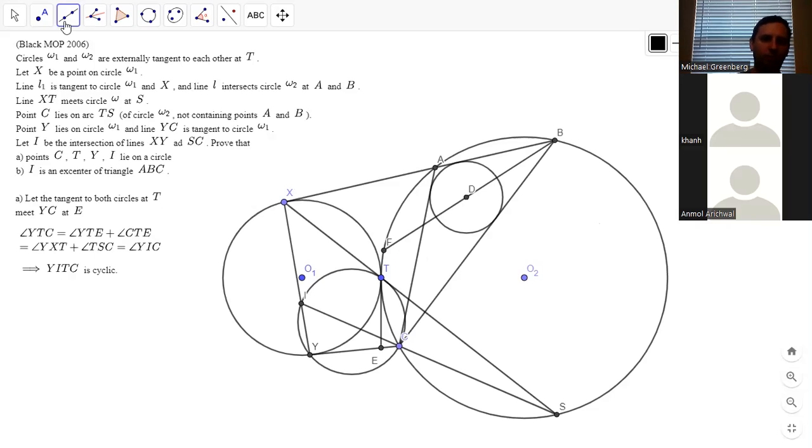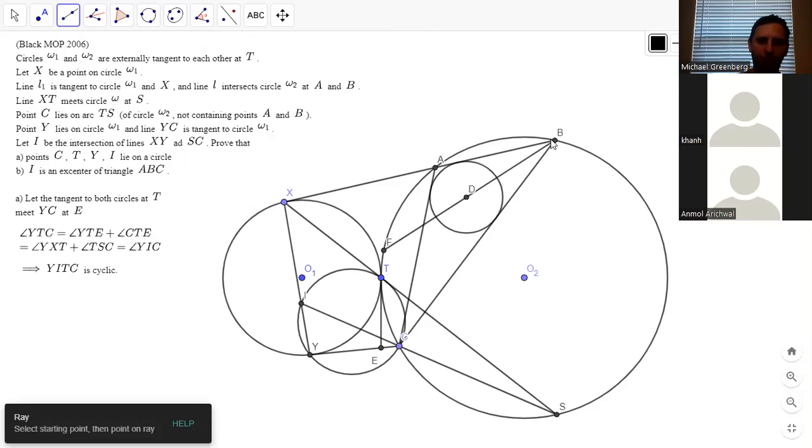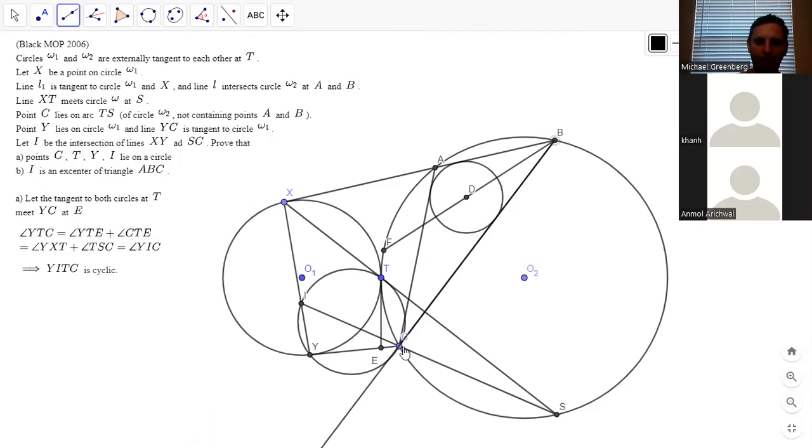So first of all, if I draw ray BC, can I show that CI is the external bisector? Is that just an angle chase? I think we can prove that.